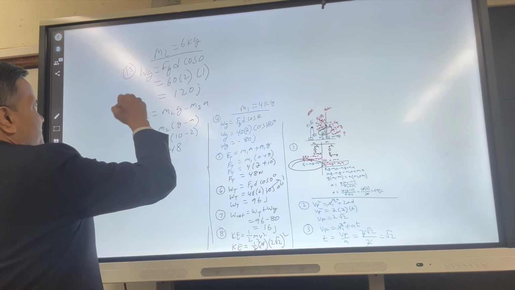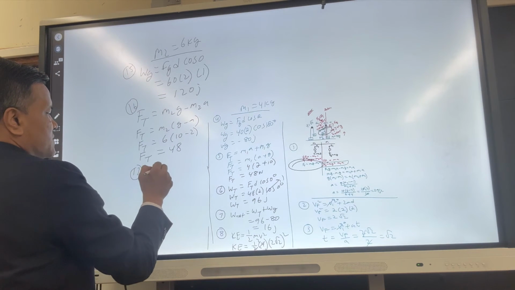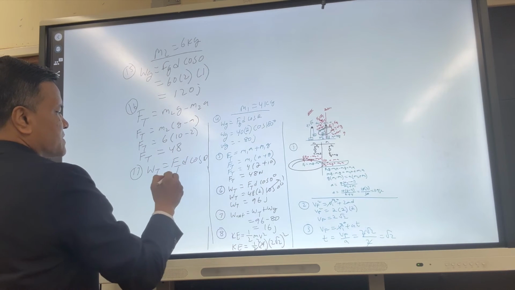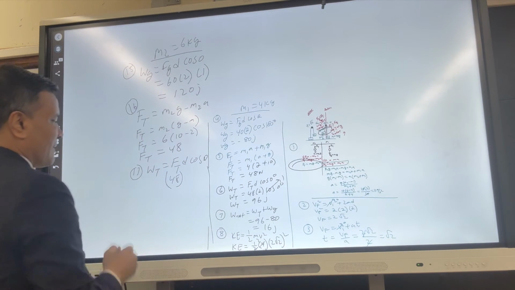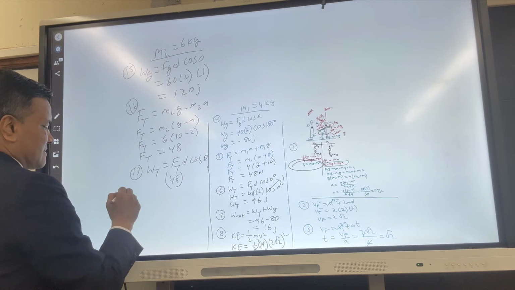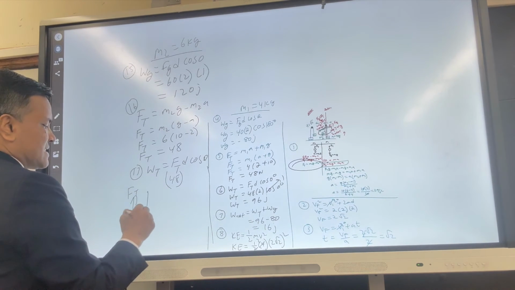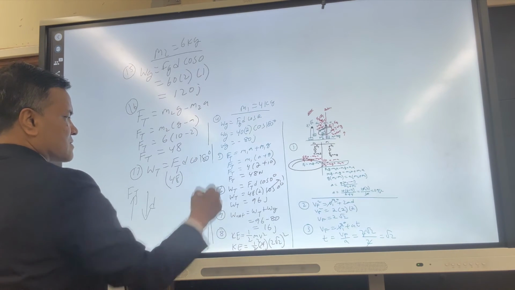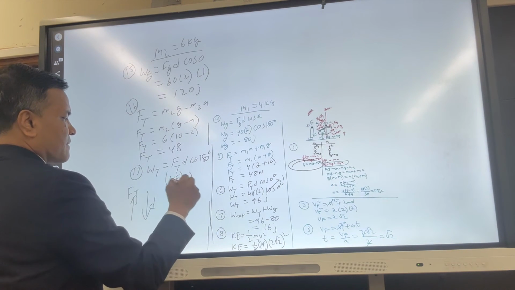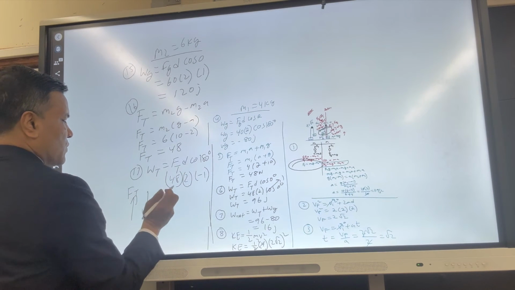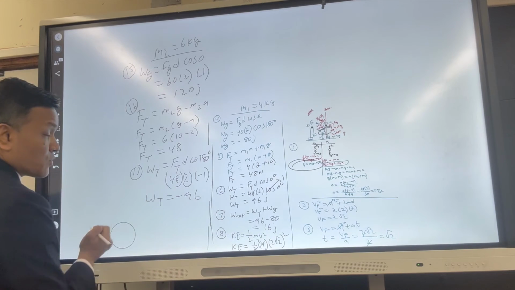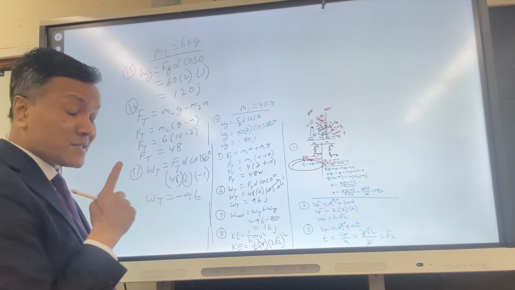This is 16. 17. Work done by tension force is Ft d cosine theta. Ft is 48. Ft is this direction, and d is this direction. So theta must be 180, so cosine must be negative 1. So work done by tension force in this case is negative 96. The other one was positive 96. This one is negative 96.